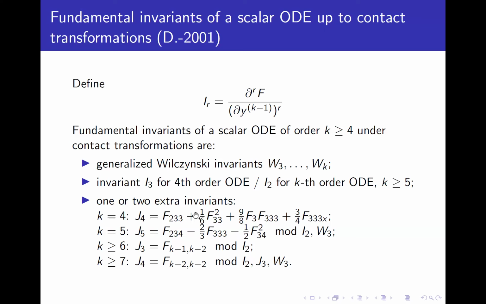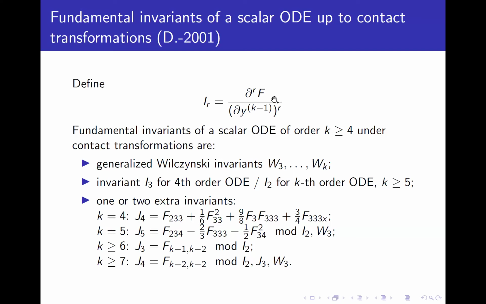A question is, where do these invariants come from? One finds out, as I mentioned, how many invariants there are and in which degree they sit via cohomology theory of Lie algebras. And then one tries to compute the Cartan connection very explicitly.